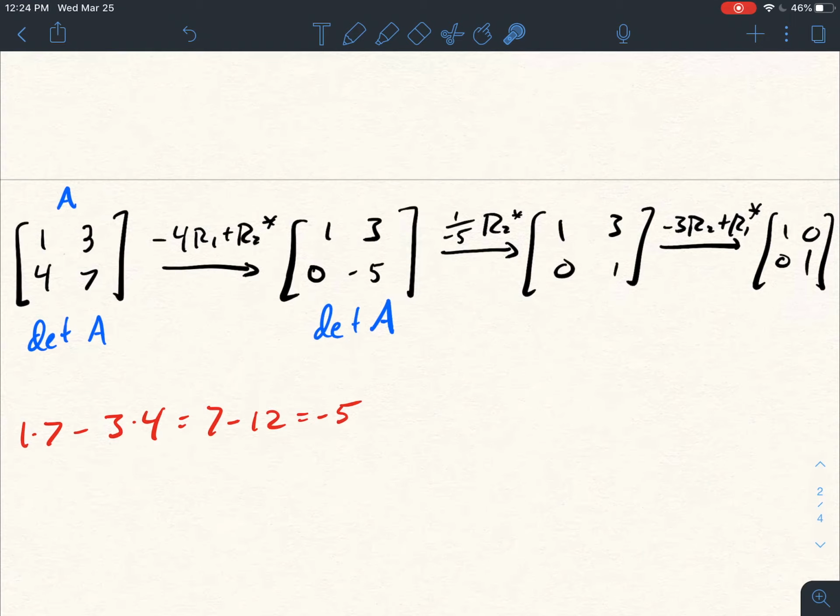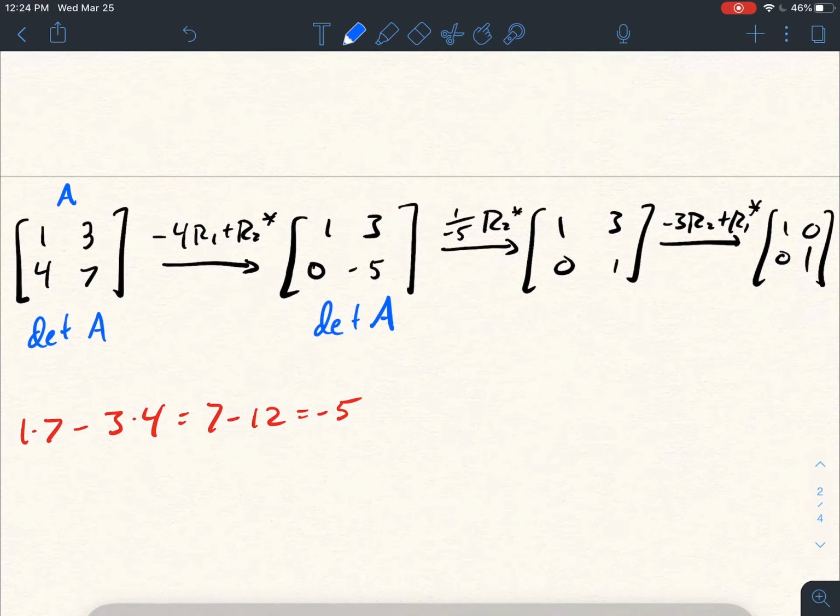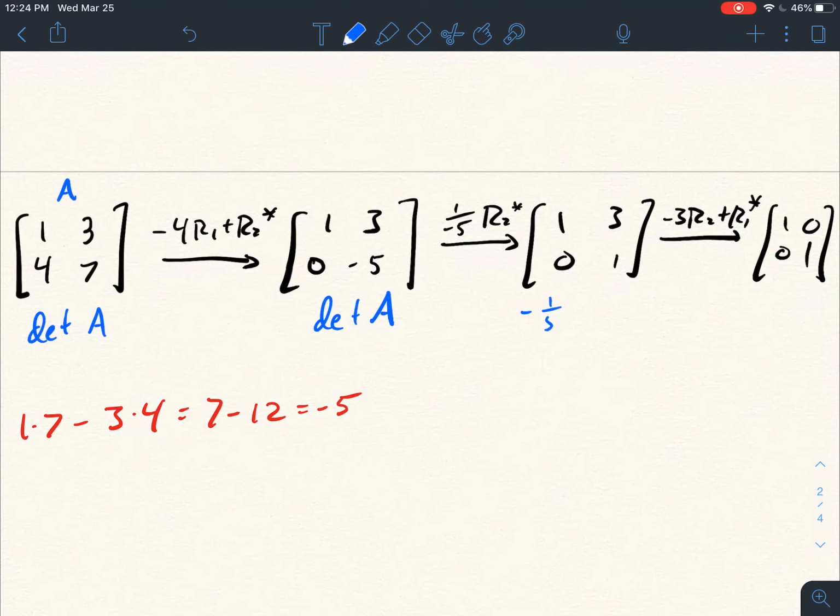Now, if I multiply a certain row by some scalar, then the new determinant should be that scalar times the previous one. So the determinant of this matrix is going to be -1/5 of the determinant of the previous matrix, which is just equal to the determinant of A. Whatever I had over here, I would just multiply that by -1/5.